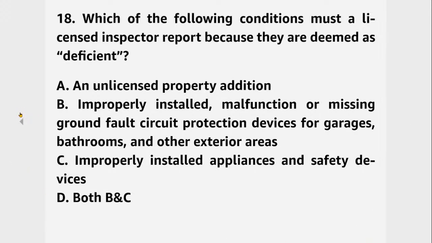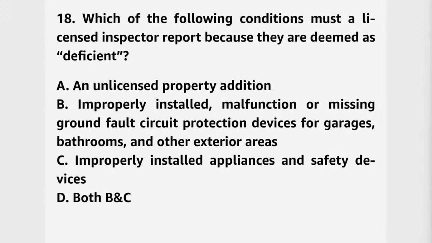B, improperly installed, malfunctioning, or missing ground fault circuit protection devices for garages, bathrooms, and other exterior areas. C, improperly installed appliances and safety devices. D, both B and C. So type your answer in the chat. Answer's coming up.